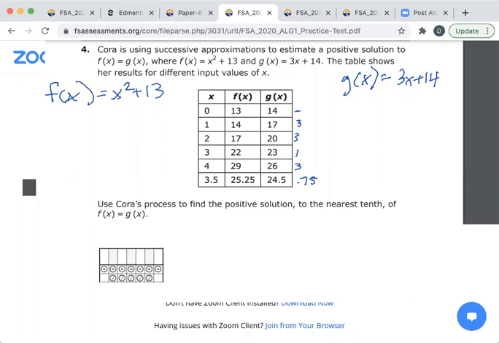So if I were to plug in, let's say 3.2, then I could say 3.2 squared plus 13, and 3.2 times 3.2 is 10.24 plus 13 is 23.24.